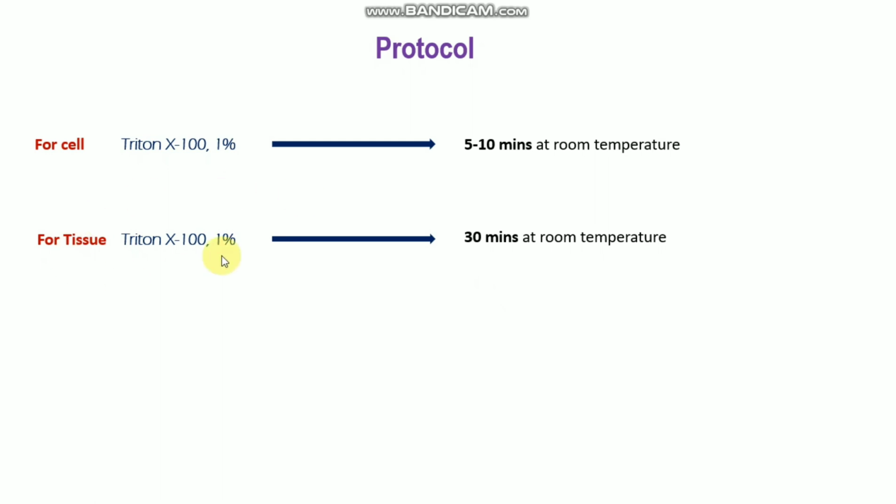After using Triton X, you need to wash the cells or the tissue twice or thrice with PBS, and then continue with the rest of the staining steps.